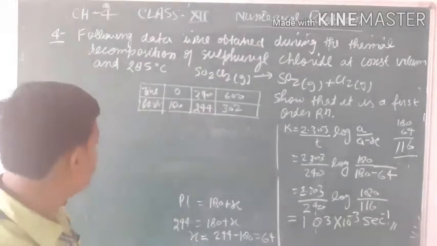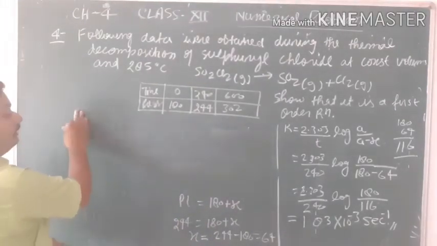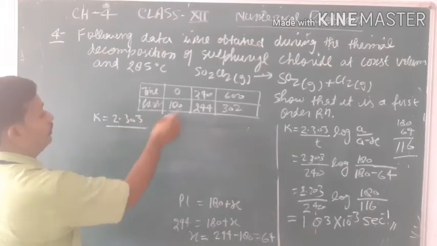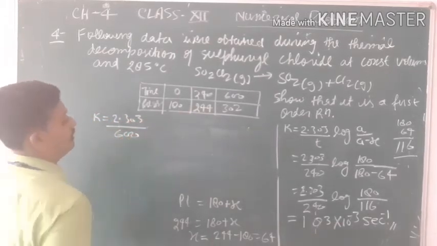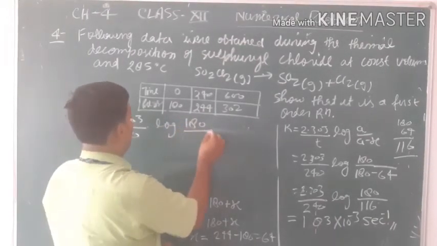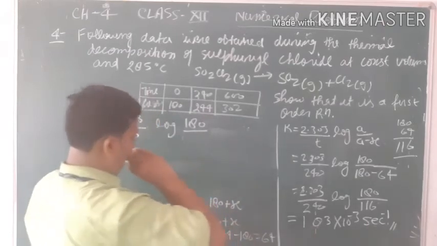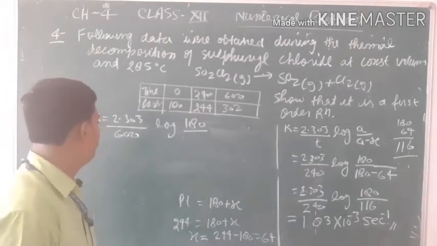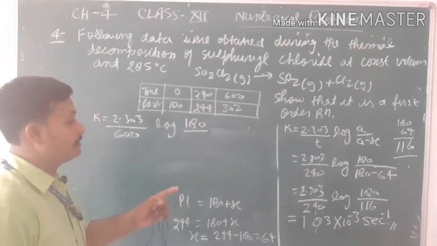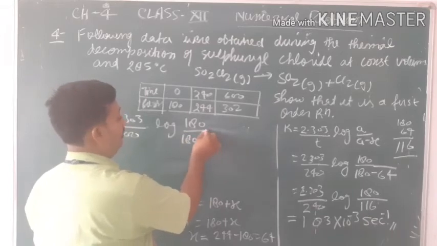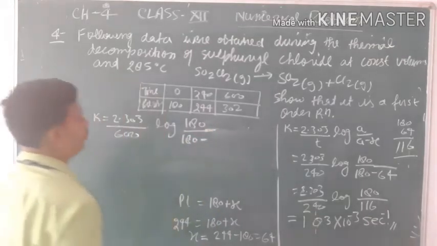So try to understand, students. Now again, k is equal to 2.303 upon t, where t is equal to 600, log a, this is the 180. And this is a minus x, so a is 180, and we again have to calculate x.